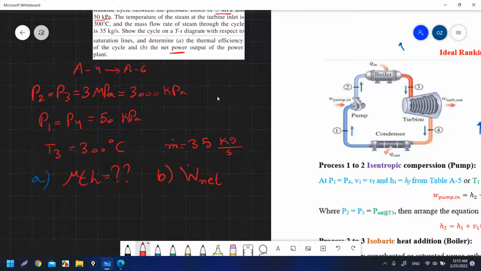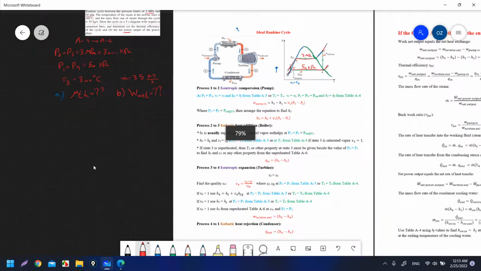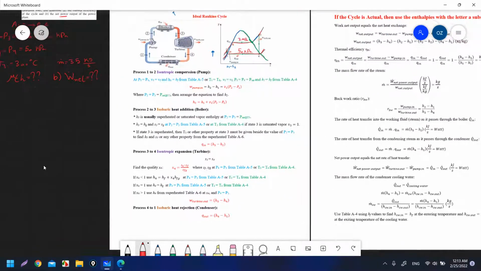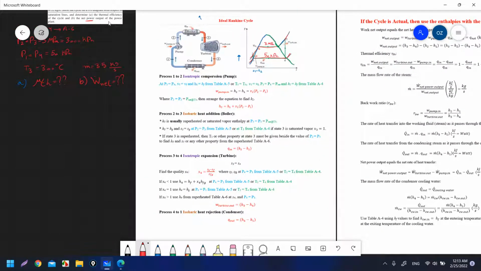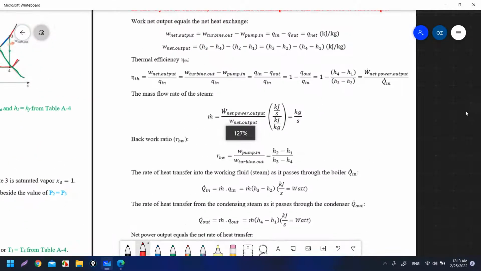Okay, so let's see what the equation is for thermal efficiency and the power output or net output from the cycle. When they say output, it doesn't mean only the turbine. The net output means turbine minus the pump. So the thermal efficiency is equal to W net over Q in, the usual equation for any cycle.